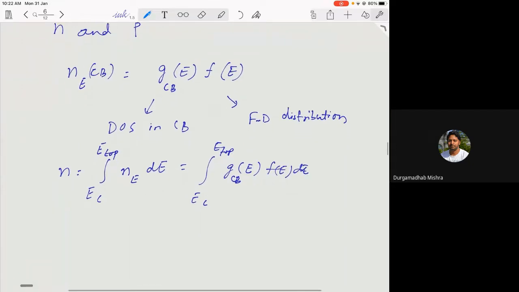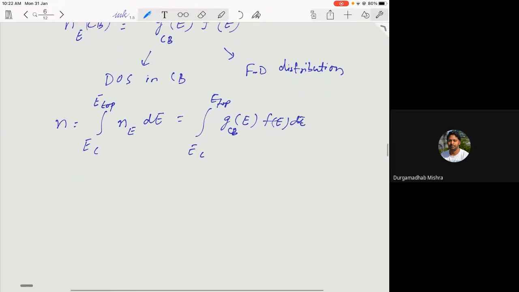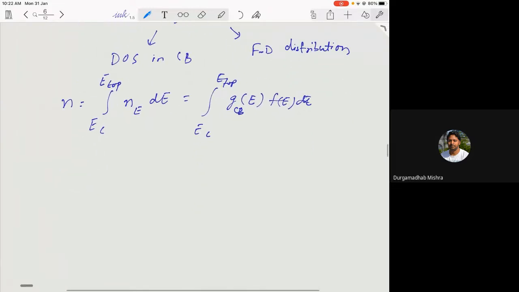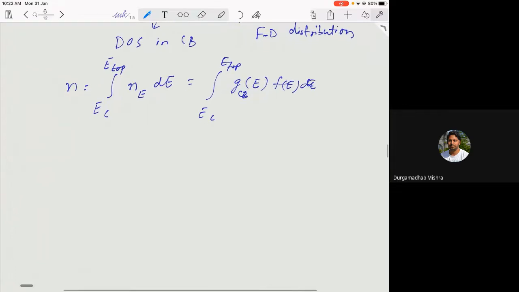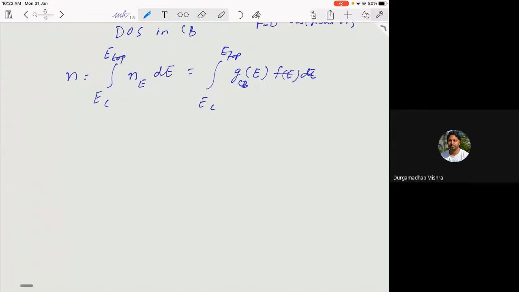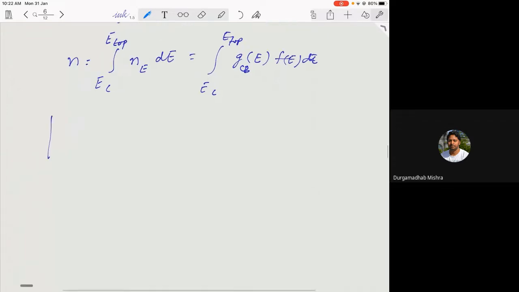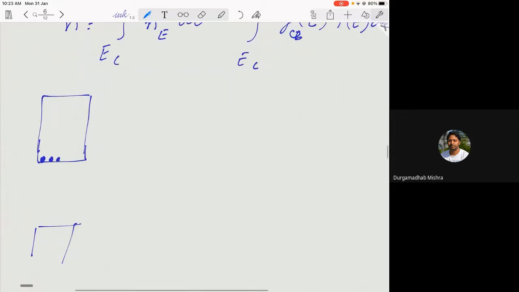So let's look at a graphical picture of that and try to understand what will be the value of N. I am just plotting the conduction band here, and the valence band would be somewhere here, and I have electrons in the conduction band.